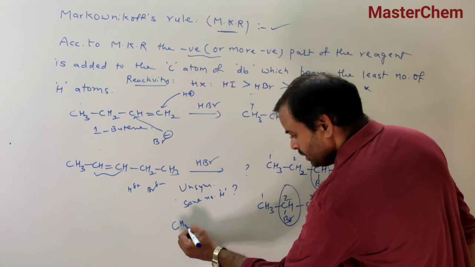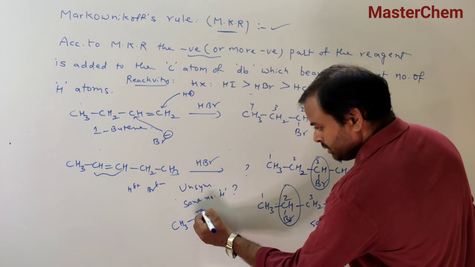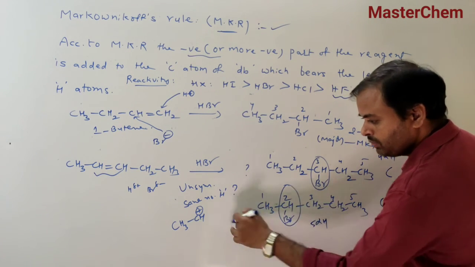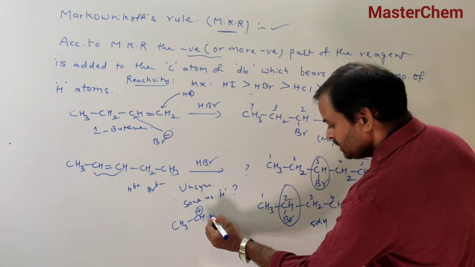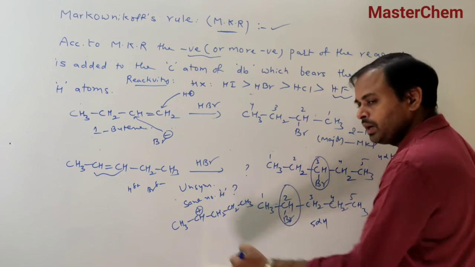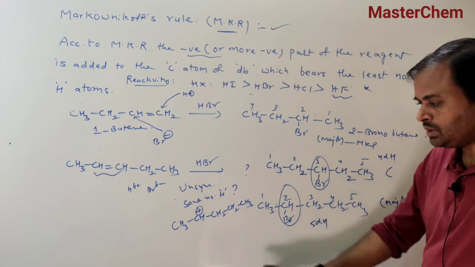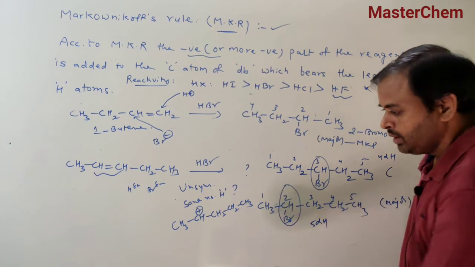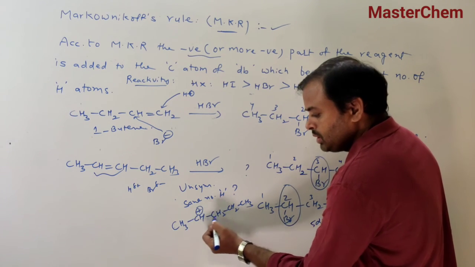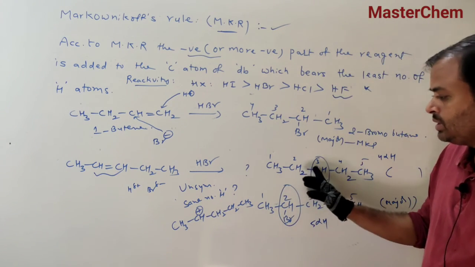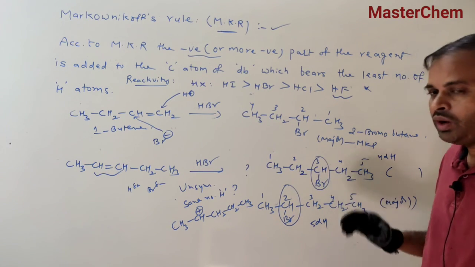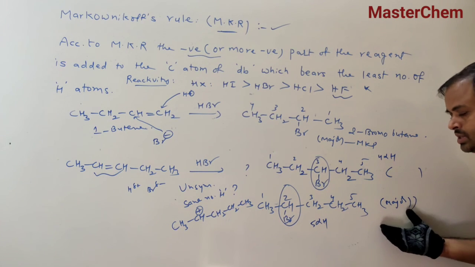Based on the intermediate we can predict which is major. The intermediate is CH3, CH plus, CH2, CH2, CH3. If you write the mechanism, you will get this carbocation, which has 2 alpha carbon atoms and 5 alpha hydrogen atoms. The other carbocation has only 4 alpha hydrogen atoms. That's why this is major.